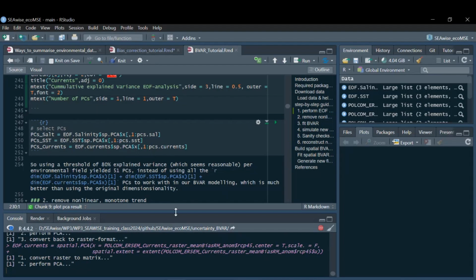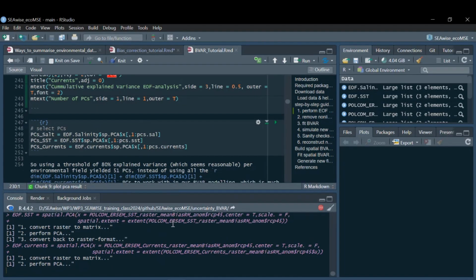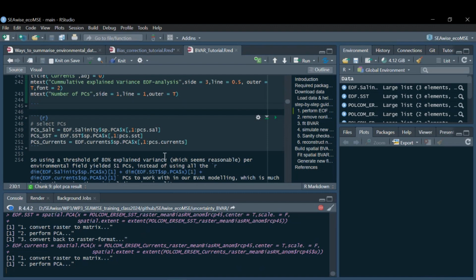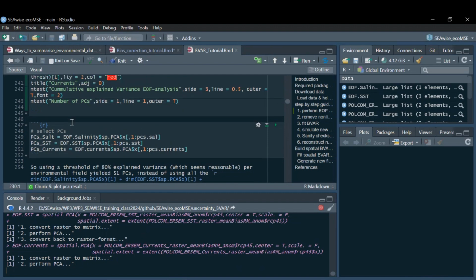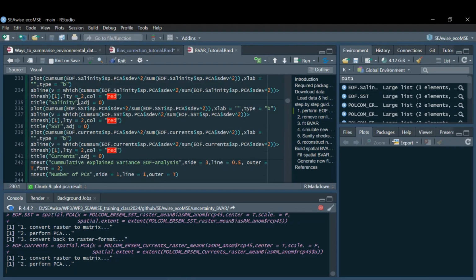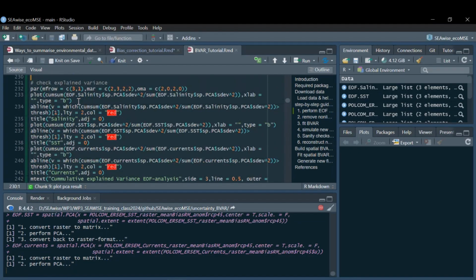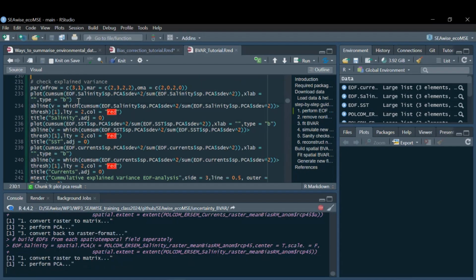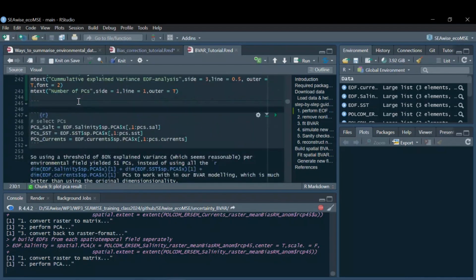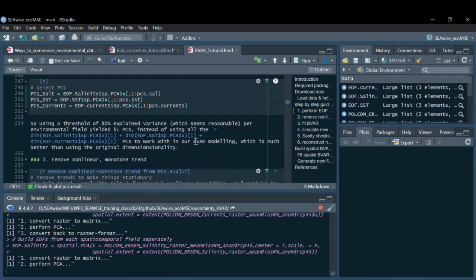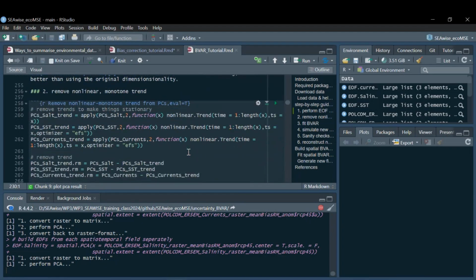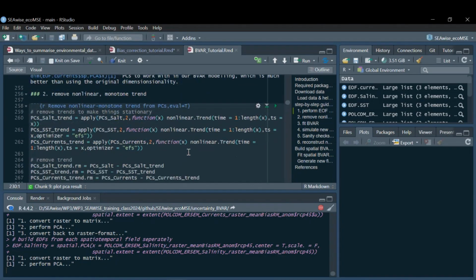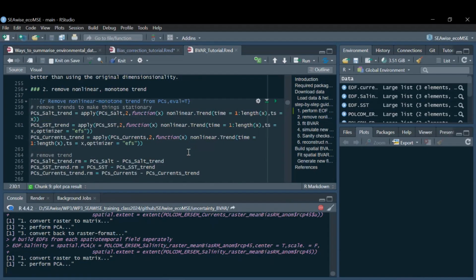R is particularly slow today, sorry. So here we just plot the number of PCs and the explained variance and the threshold which we selected, and then we select the number of PCs here. When this is finished, we can move on and remove the nonlinear monotone trend from the PCs.